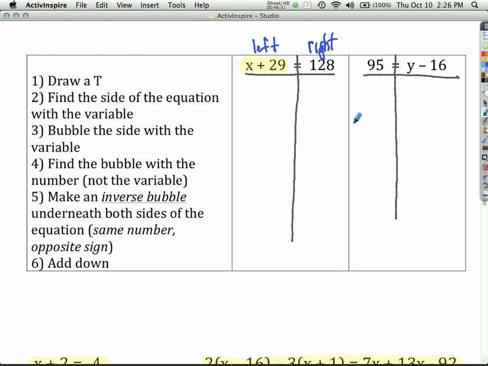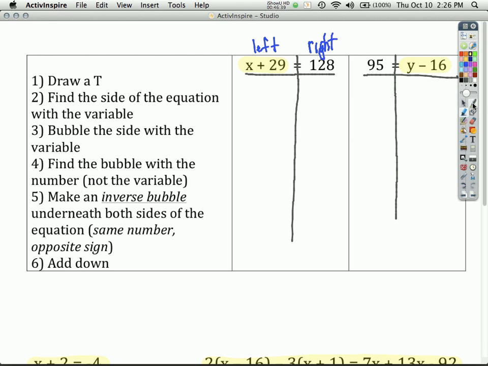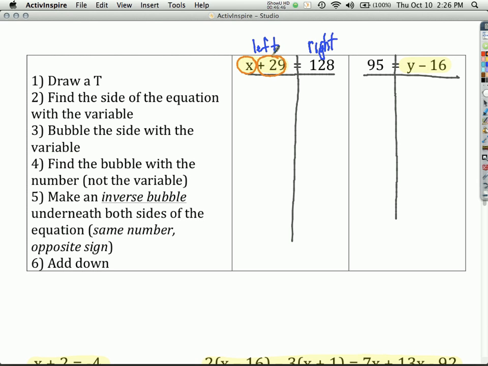Sebastian? It's on the right. So for this equation, you should be looking over here. Step 3, bubble the side with the variable. So now we're going to bubble this up. Bubble, bubble. This is to help us to see the signs of all the terms. Bubble, bubble.